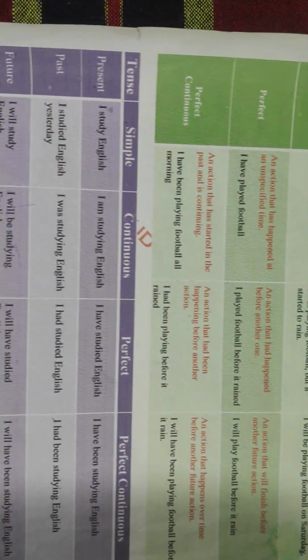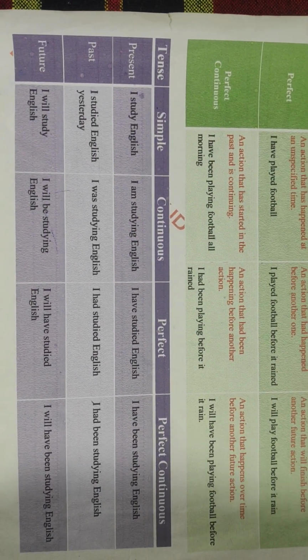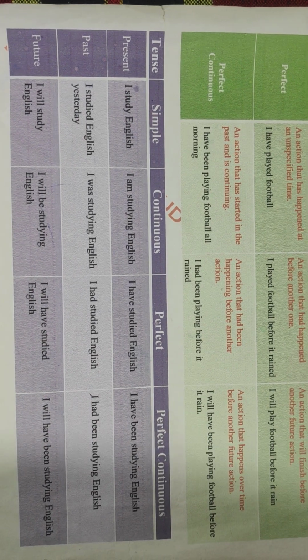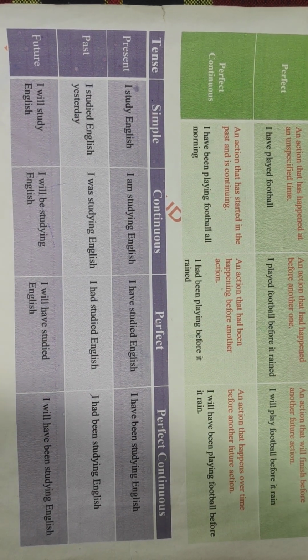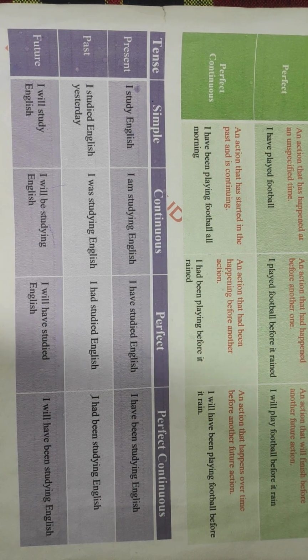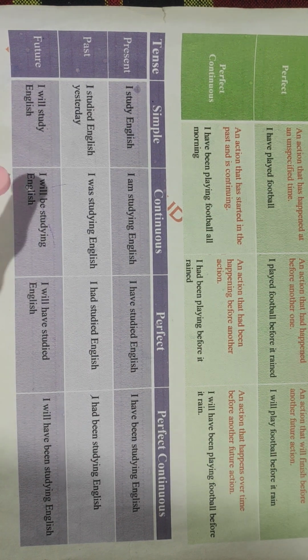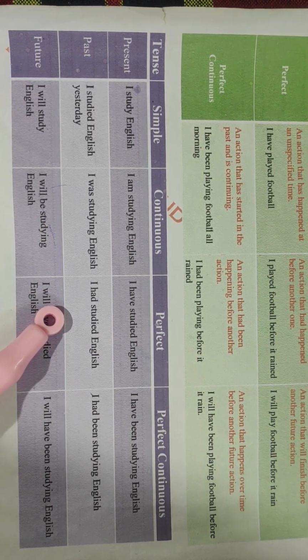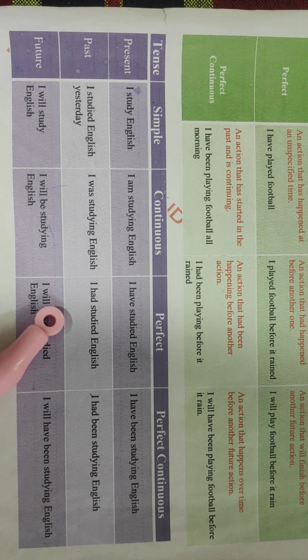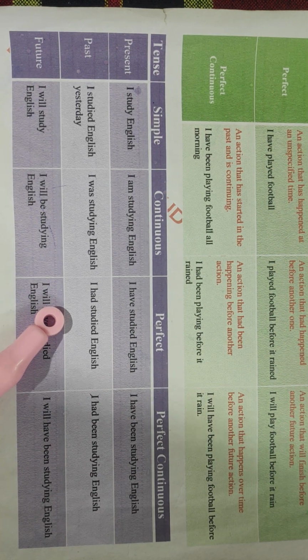So here I am going to provide a chart which will help you to have good knowledge about the tenses. I have given simple examples, and if you learn this by heart, you will certainly be able to speak English correctly.